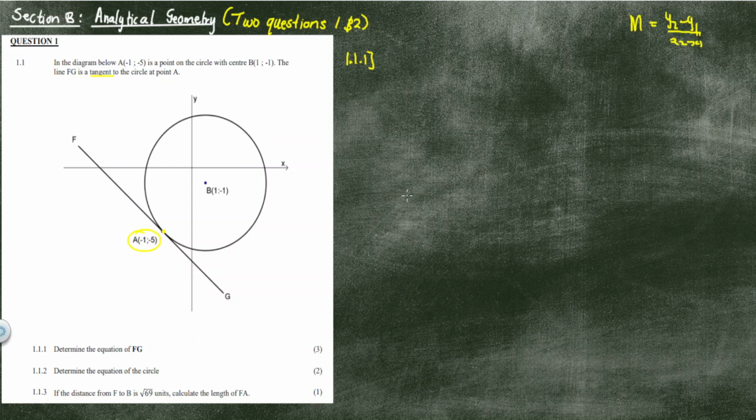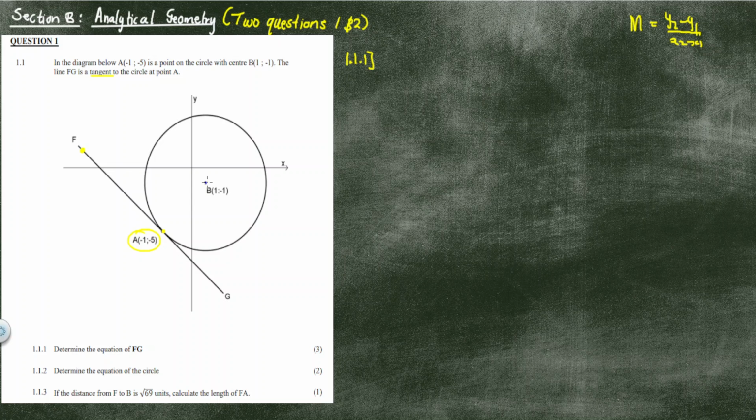You can use that equation, but you need two points to find the gradient on any line. So we need another point on that straight line FG to calculate the gradient, because on this line FG I only have one point.